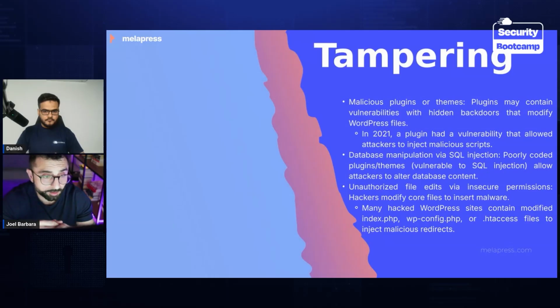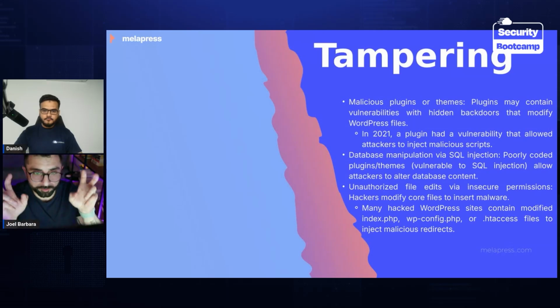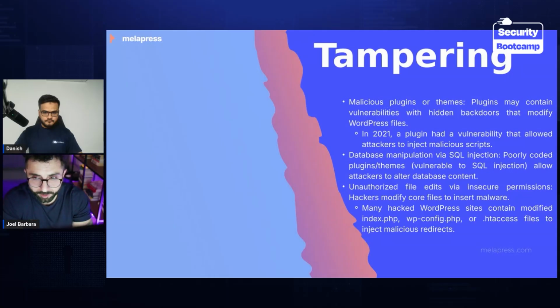You need to be wary and avoid nulled plugins and themes, which are premium plugins and themes that are cracked and sold for much lower cost. You don't know where the person is coming from. They're probably not the most upstanding citizens, so inserting a backdoor is probably not beneath them.